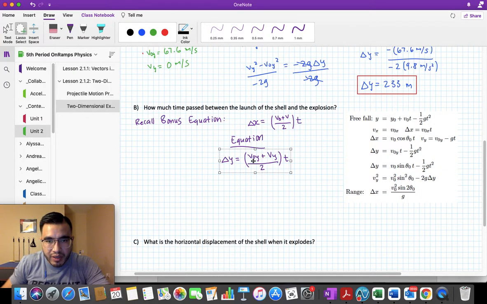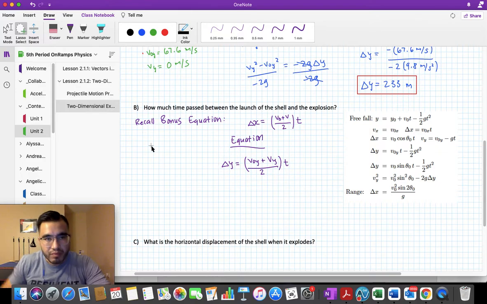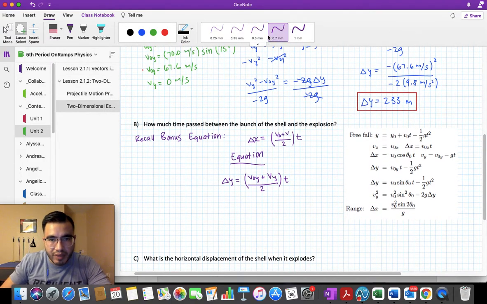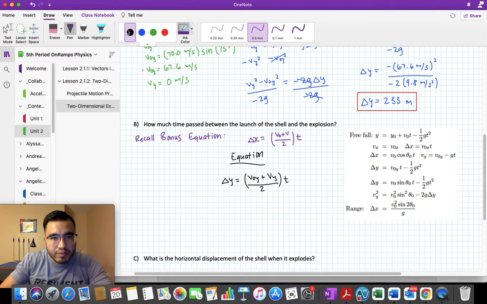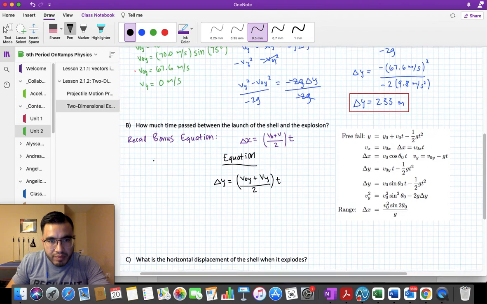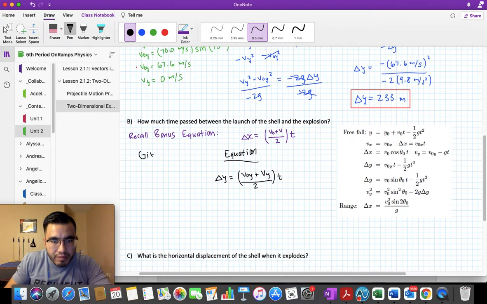And now let's write down the given. We solved for v naught y, which is 67.6 meters per second.